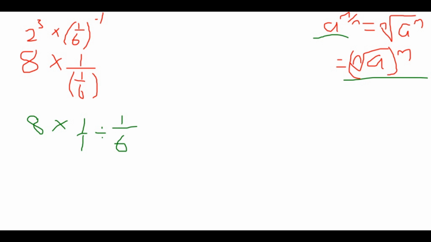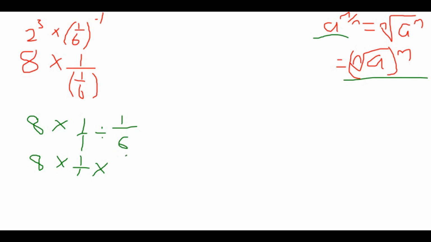Now in maths, when you have an expression like this, what you do is convert this division sign to a multiplication sign by inverting the fraction at the right hand side. So we are going to have 8 times 1/1 times 6.